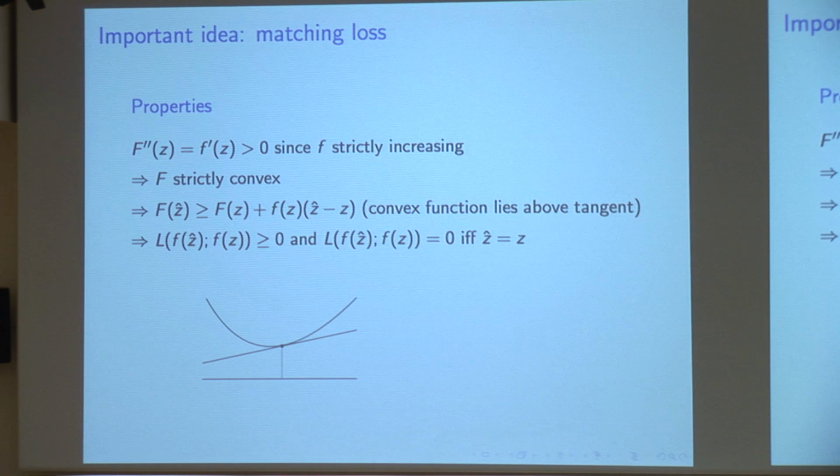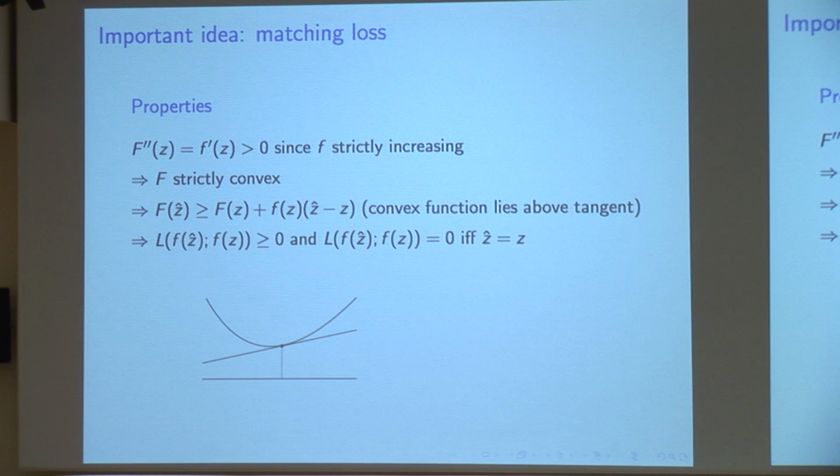So what? If it's strictly convex, we can go back to basic properties of convex functions, in particular the first-order Taylor approximation. Take your big function F and look at its first-order Taylor approximation, expanded about a point z.